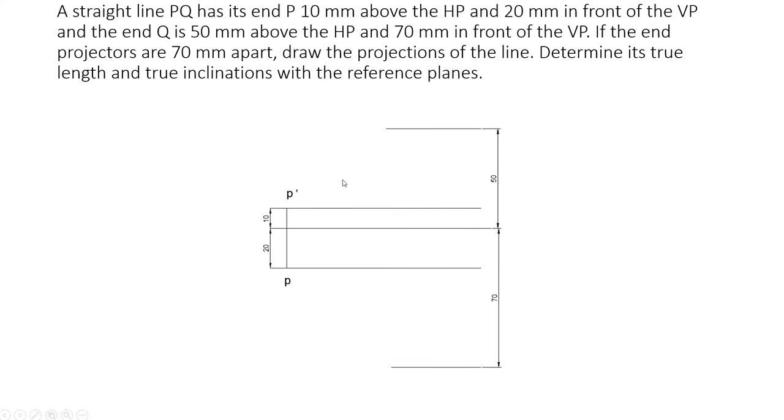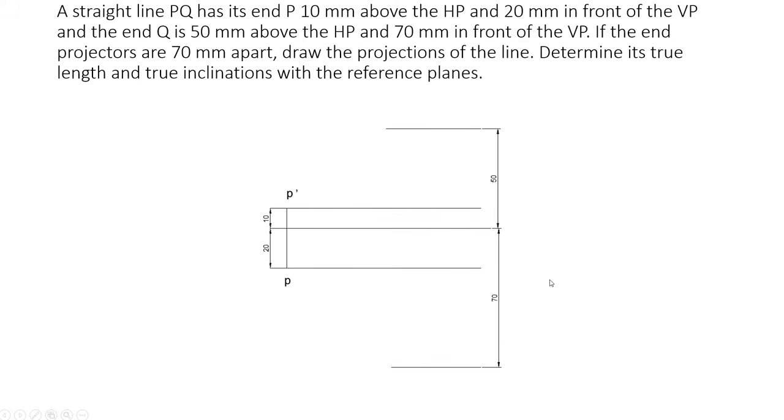Now it's also given that the other end is 50 mm above HP and 70 mm in front of VP. So from here, keep some distance. From there you mark 50 mm above and draw a locus like that. So from the same point, 70 mm in front is 70 mm downwards. So from this point, mark 70 mm downwards and draw a locus like this.